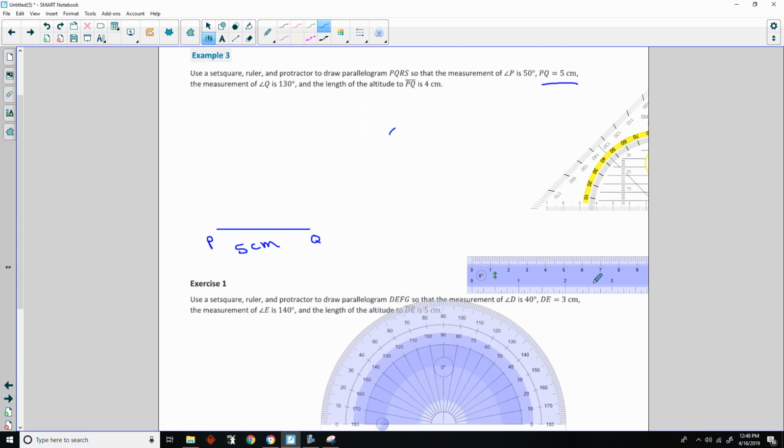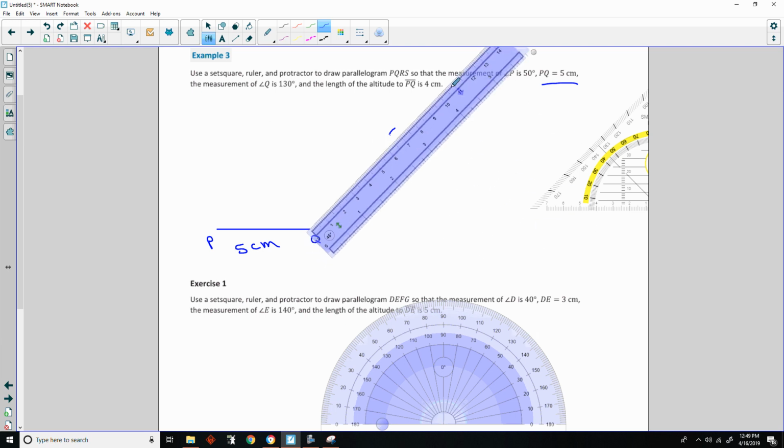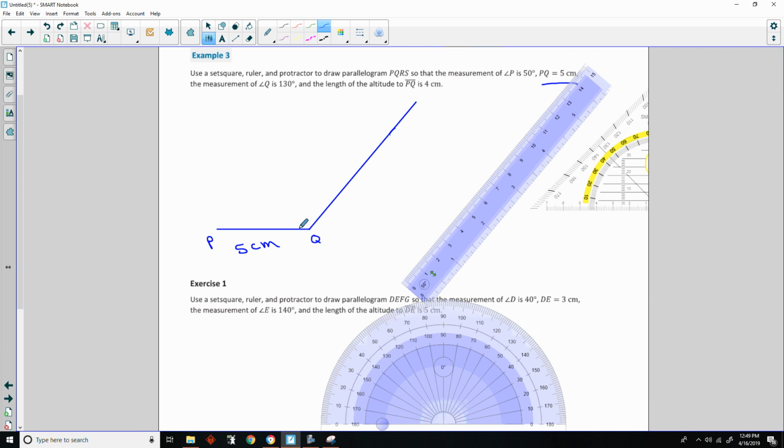Then I move my protractor out of the way, bring my ruler down, rotate it up to there, and draw a segment going through like that. So there is my 130 degrees. Okay, so there's my angle Q, that's 130. Now I want to do a measure of angle P that is 50.